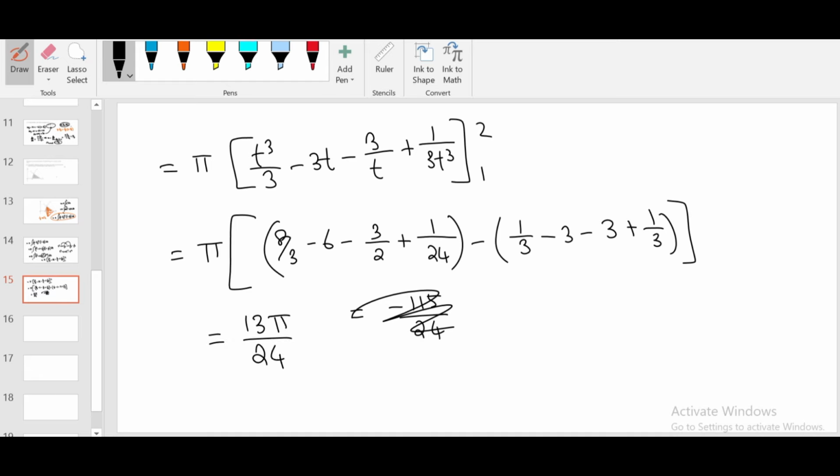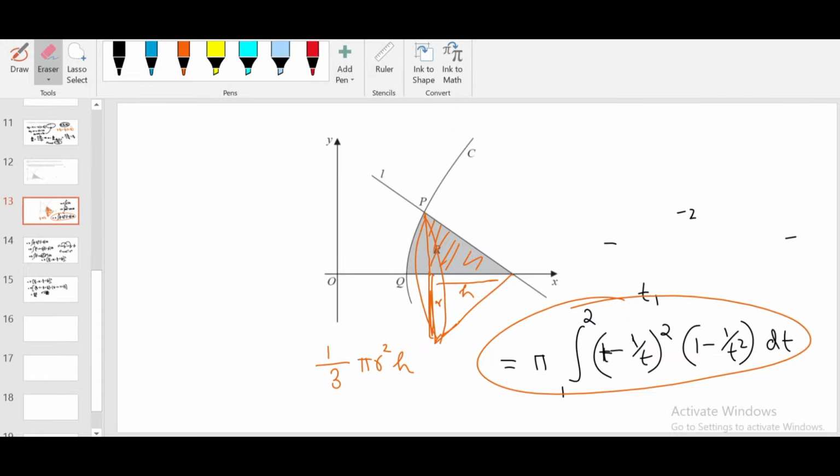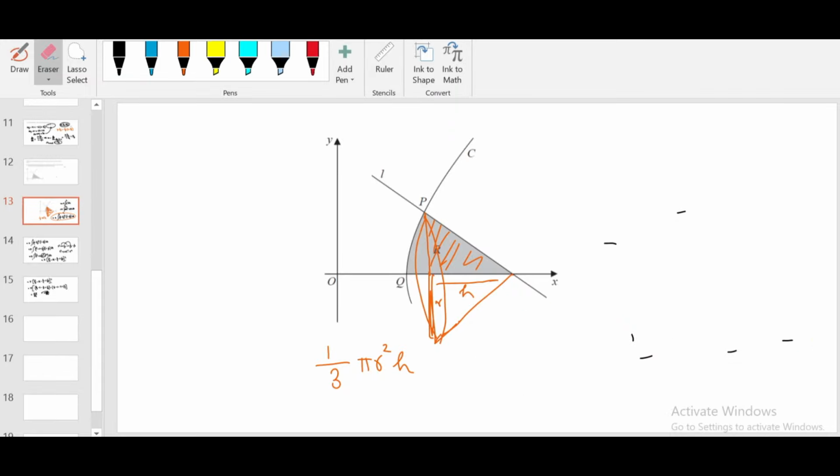That's one volume. We need to find the volume of the cone now. So back to this figure. How do we find the volume of the cone now? We know the formula is pi r square h. So what is the radius here? What's the height?